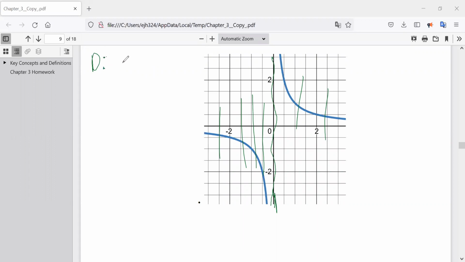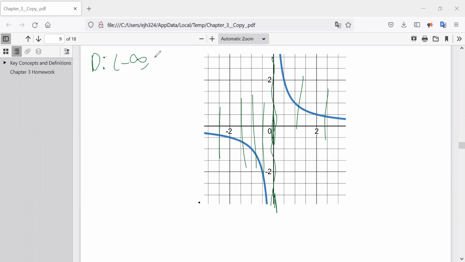Cool. So what is that domain here? Would it be negative infinity to positive infinity? Almost. But remember, we don't have a 0 value, right? Oh, so would it be negative infinity to, I guess, undefined?